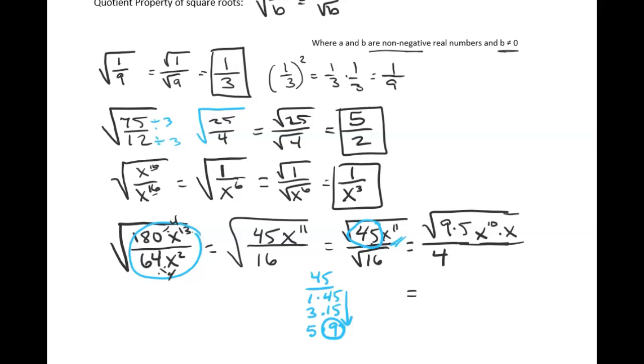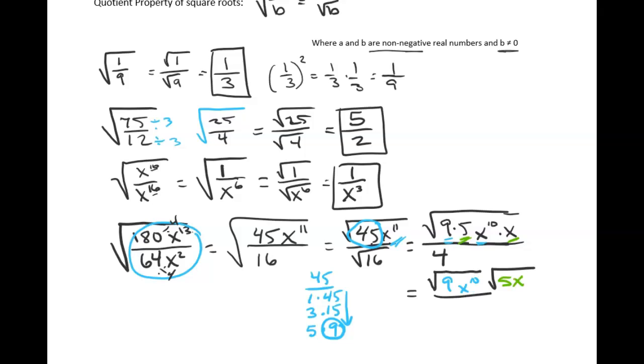Now I'm going to use the product property of square roots on top and put my perfect square parts in the first radical. So the 9 is the perfect square number part, and the x to the 10th. Then that is multiplied by a second square root that has the leftover parts, in this case a 5 and an x to the first.